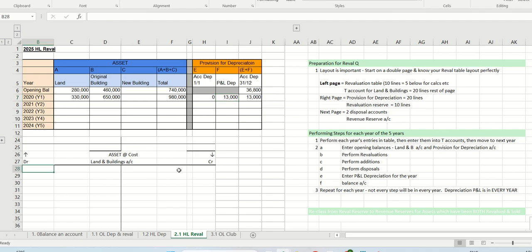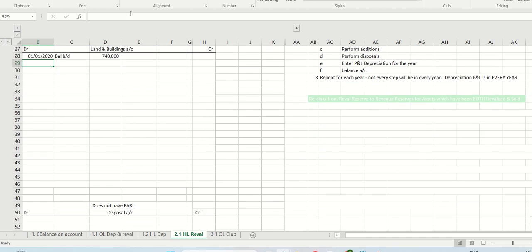Now we're going to enter our information. So when you're entering your asset amount, we know that our asset amount started off on the 1st of the 1st, 2020, balance BD on the debit side for an asset account always, and it's going to be the total amount here, cost, 740,000.